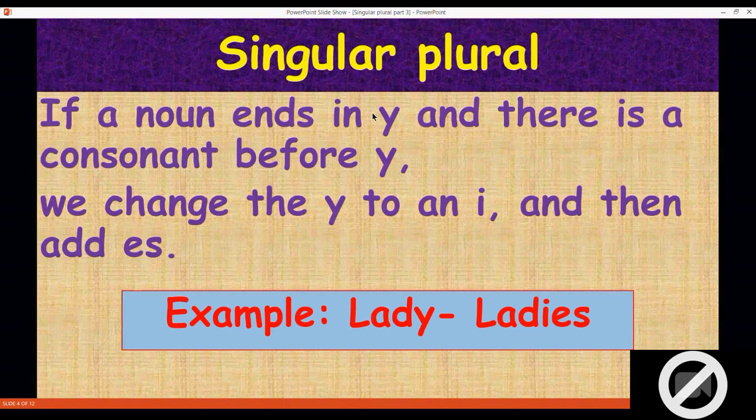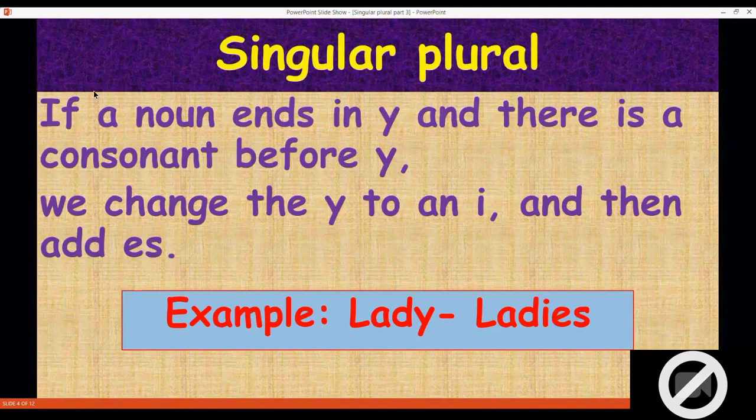So if a noun ends in Y, be careful, and before that Y you have a consonant, then we change the Y and add IES. Did you understand, my dear children?